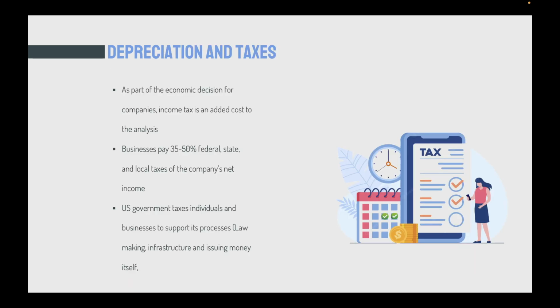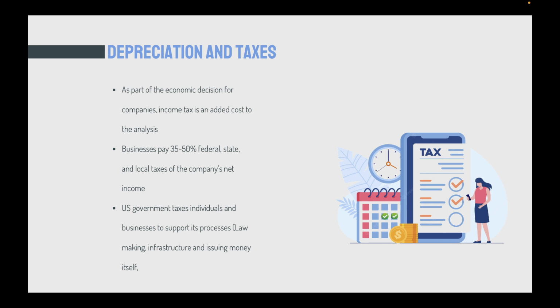Now, another topic is depreciation and taxes. As long as you are making economic decisions in your companies, income tax is always an added cost to your product. If you rate your product at $100 per product, and you have employees making those products, when you give them $50,000 a year, that's plus the tax that you're going to pay.